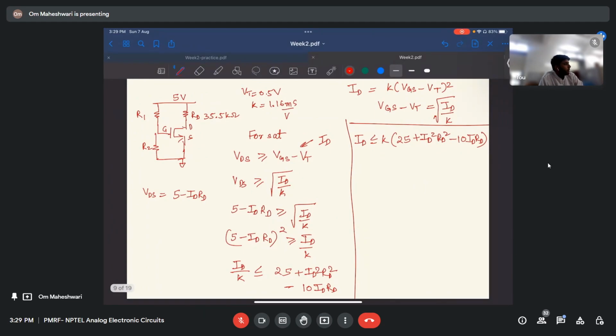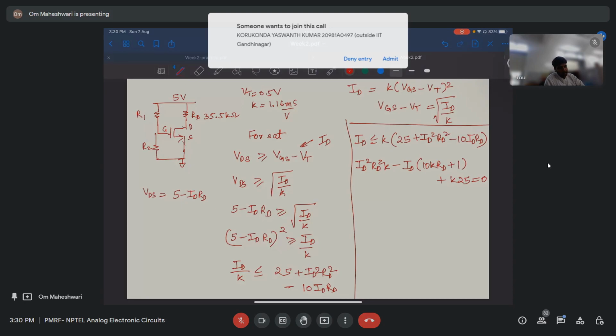So our final equation that we have to solve is ID square RD square K minus ID 10K RD plus 1 plus K 25 equals 0. So this is the equation that you have to solve.